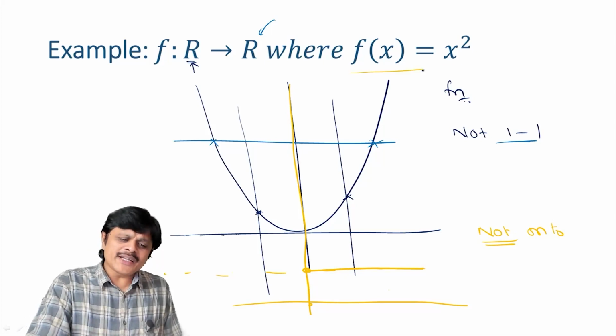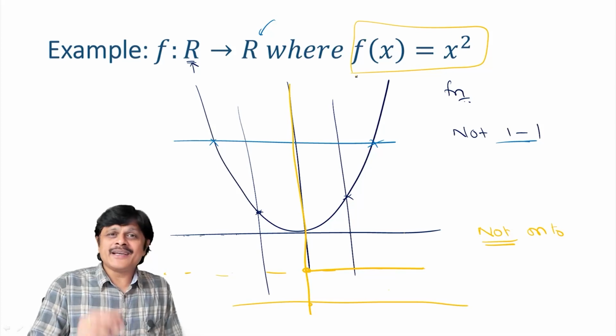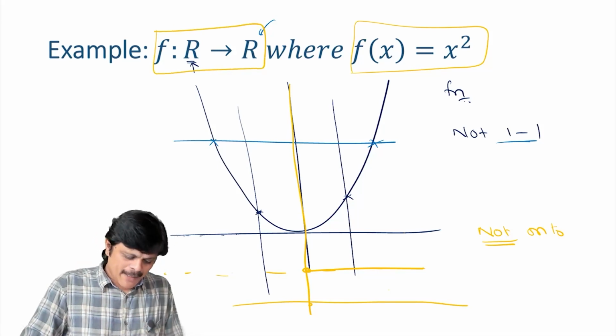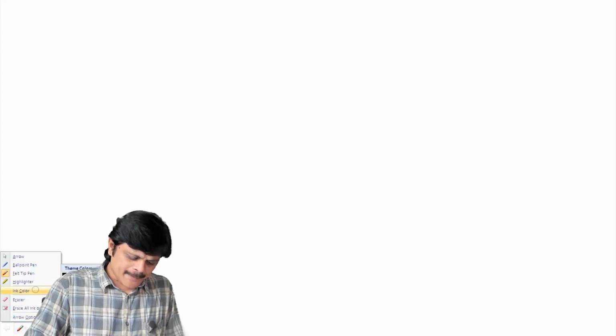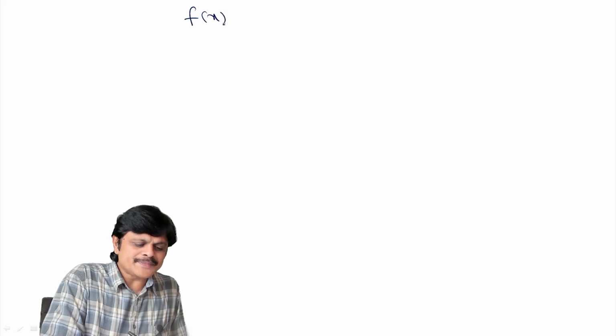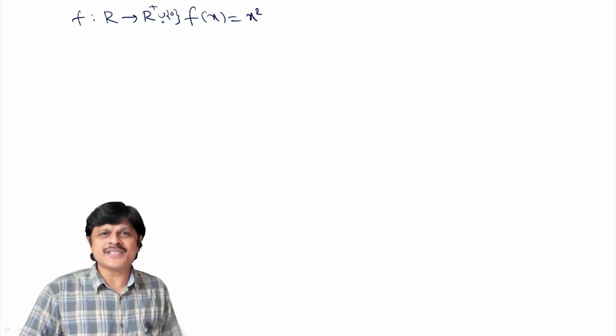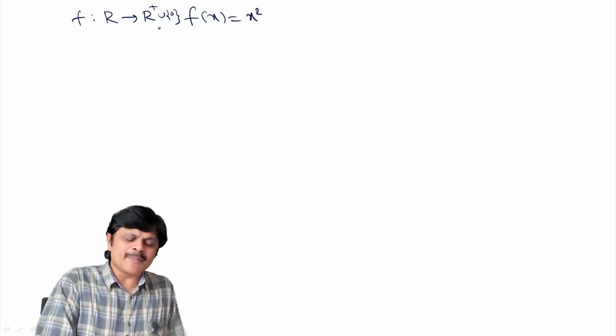But don't think that f(x) = x square is bad. f(x) = x square with f mapping R to R is bad. But if you take the same function, f(x) = x square, with f mapping R to R plus union 0, now what is happening?